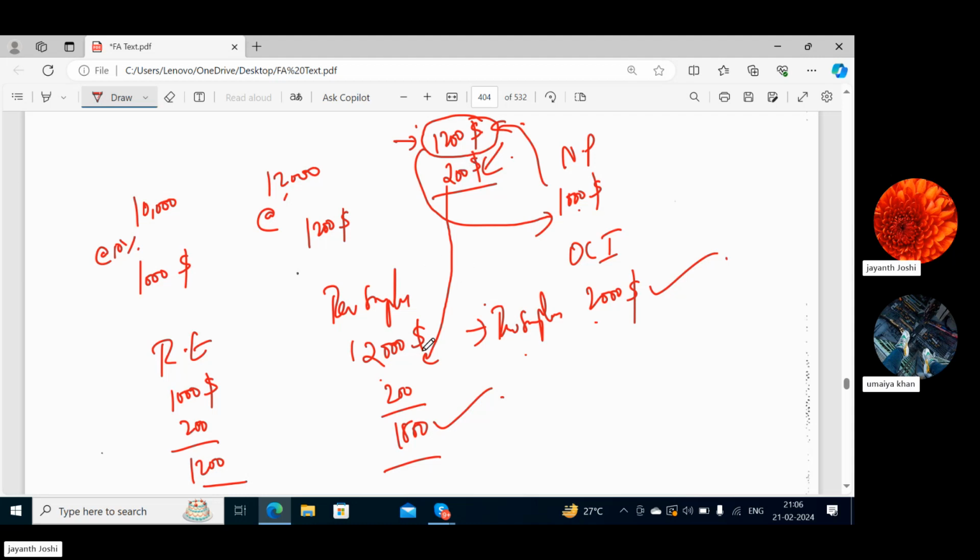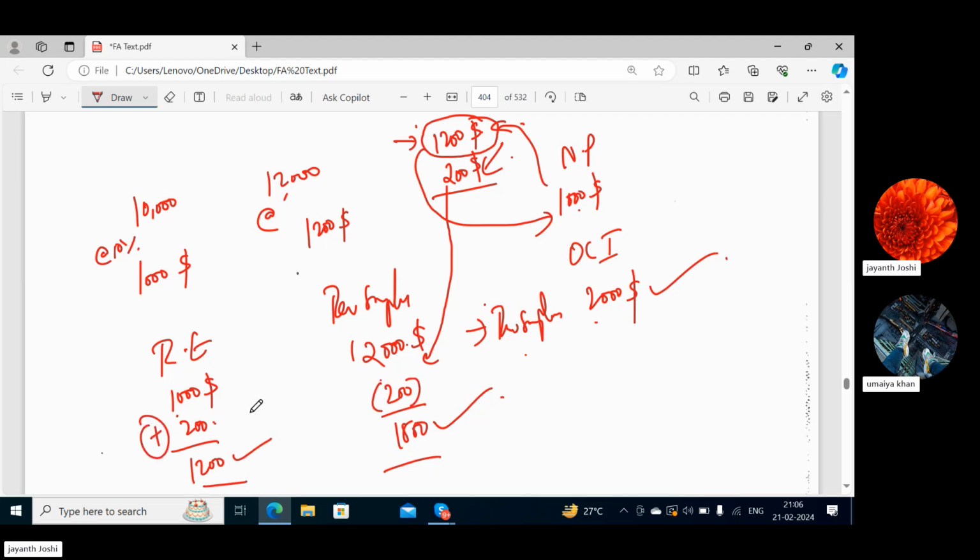As per the matching concept, I am matching this expense with this income, so that much income will be reduced by this much expense. So how much is the revaluation surplus now? 1,800. Because of this excess depreciation, my profit had been reduced by 200, so I'm adding 200 back. I'm transferring from here and adding here.